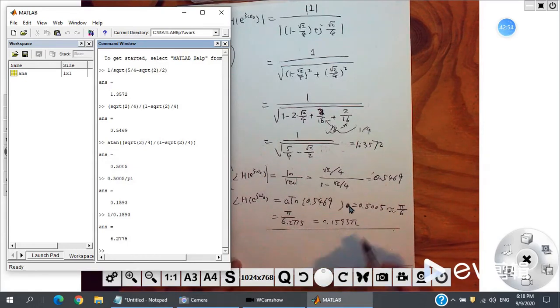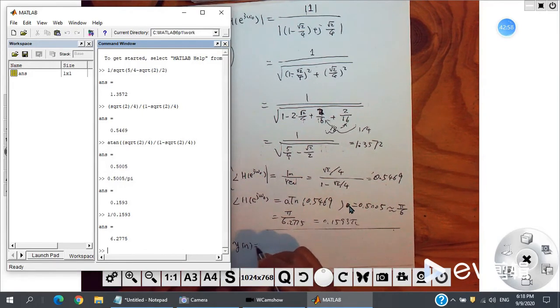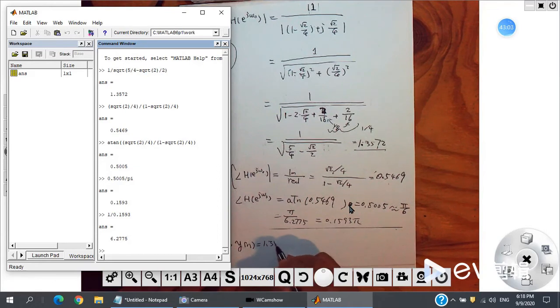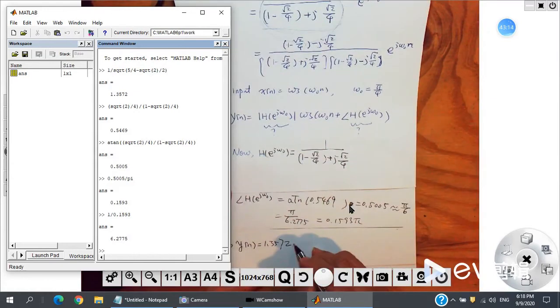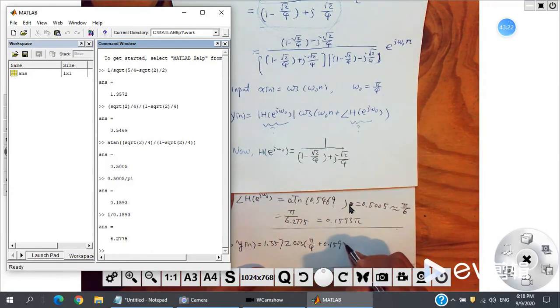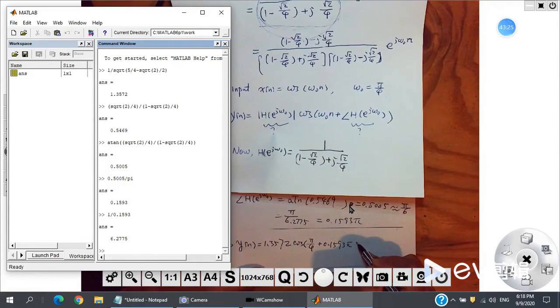Then you plug in. You know the output y of n will be the magnitude, 1.3572, times the input, cosine, with omega 0 equal to pi over 4, plus the angle 0.1593 pi. I think I need a negative.